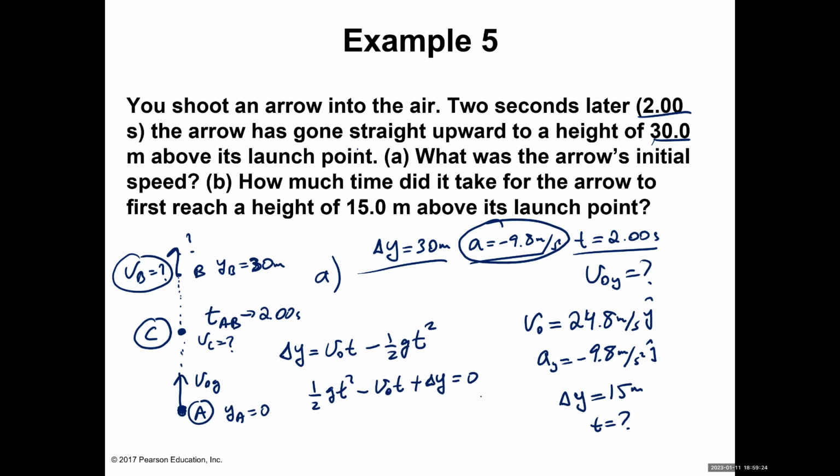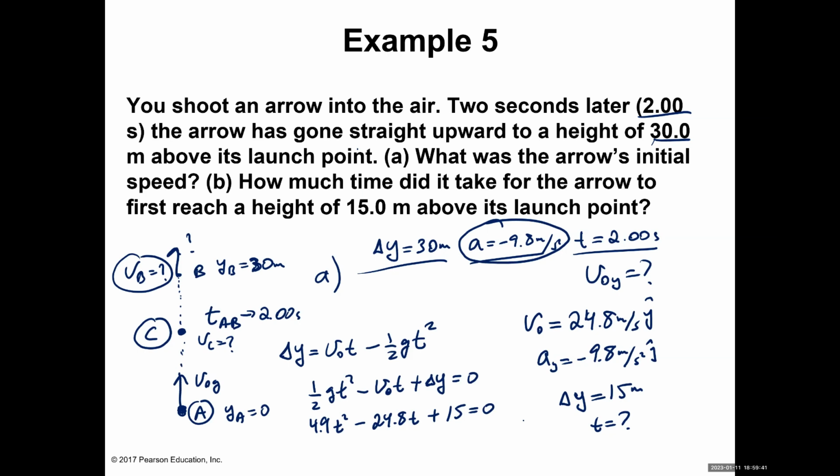Remember, g is 9.8, so half of that is 4.9 t squared, then minus initial velocity 24.8 t, then displacement is 15, then I get 0.